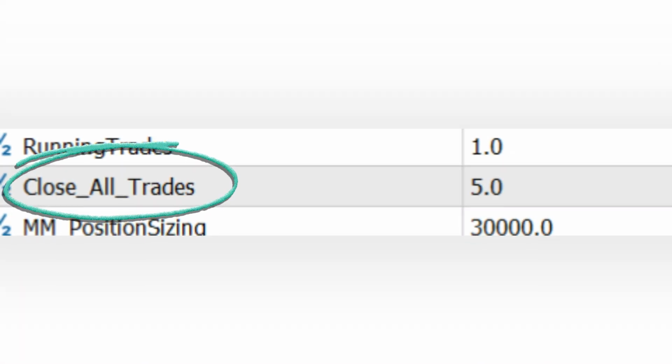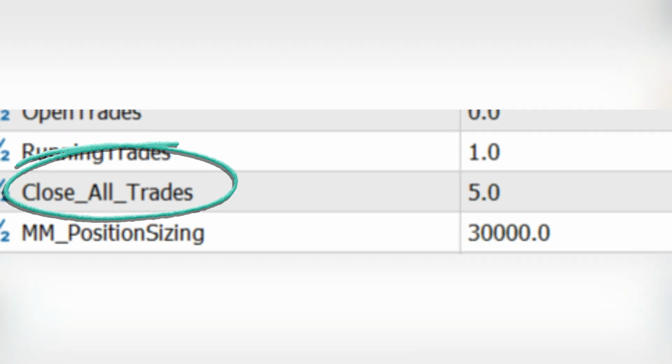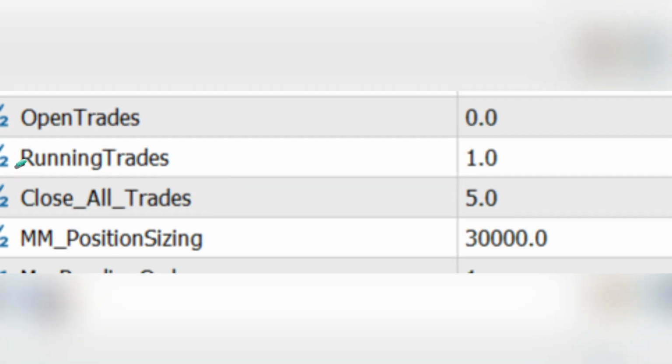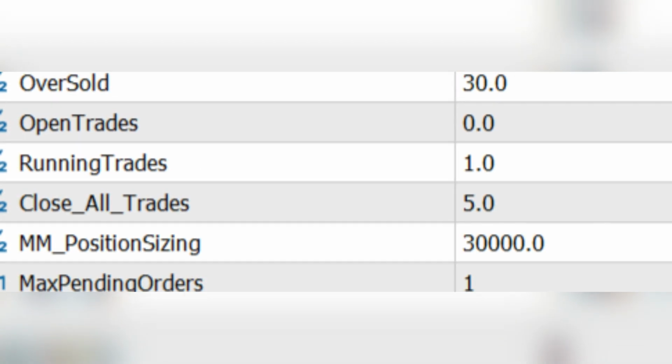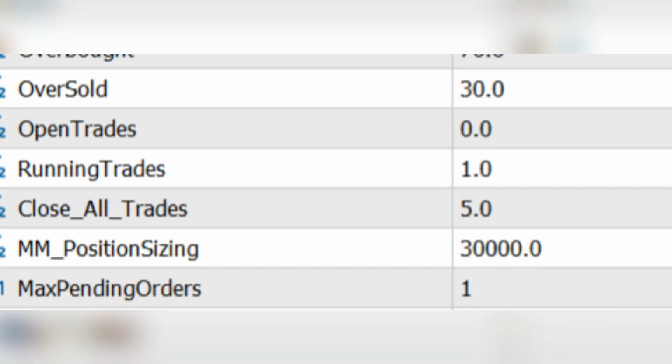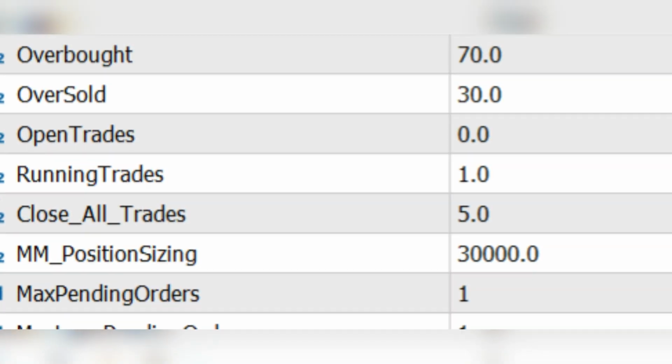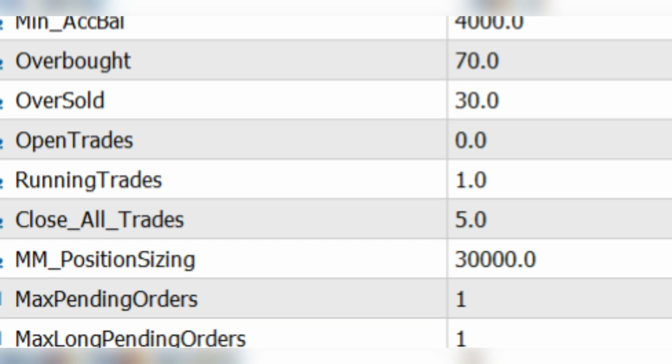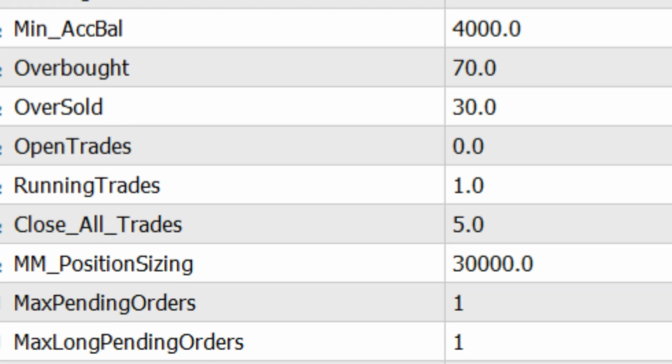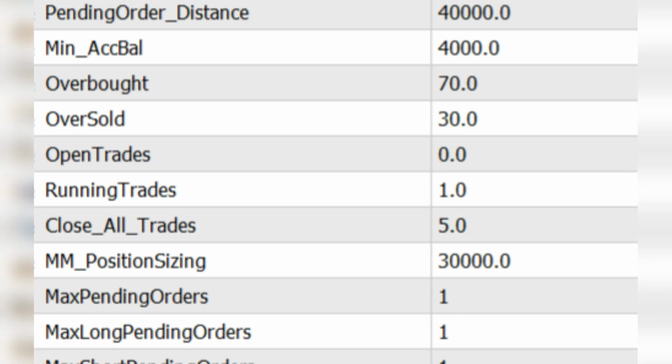I beg your pardon? But unlike most grid strategies, V75 Pro has a limit for the number of trades that are to be opened. This is an important difference between my software and other available software.